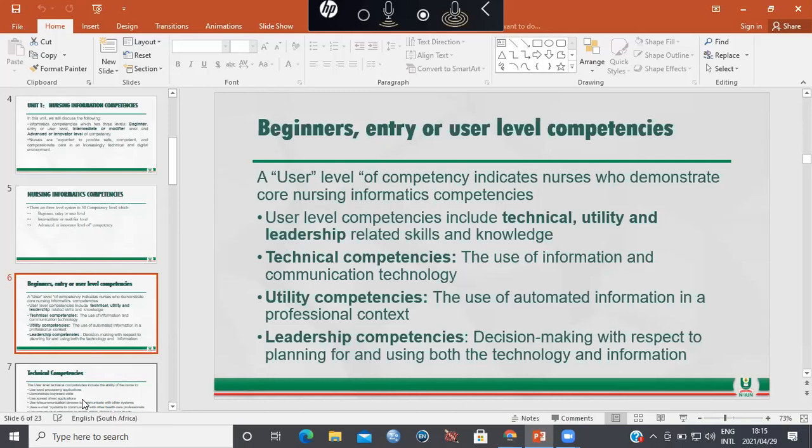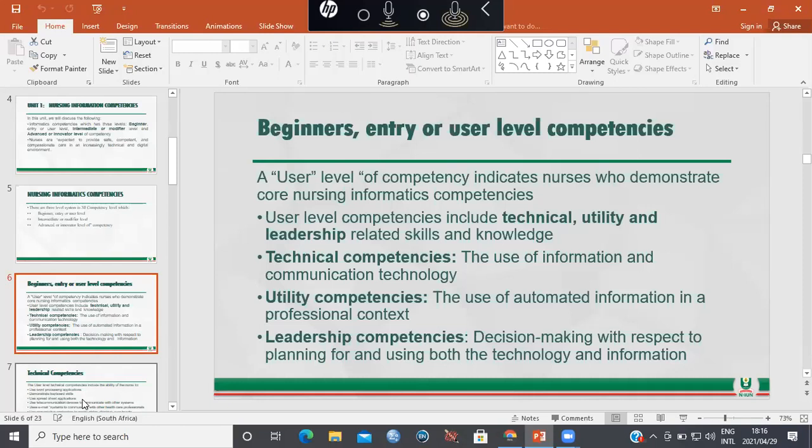And these skills and knowledge of the competency of a nurse, we are going to look at it from the technical competency, which is the use of information and communication technology. When you say technical competency, it simply means the use of information and communication technology.